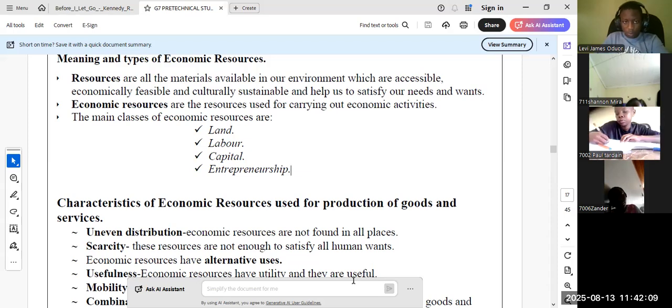You can have capital in Kakamega and not have capital in Kisumu. We can have entrepreneurship in Nakuru, and not have entrepreneurship in Kitale. So in other words, one characteristic of economic resources is that they are unevenly distributed. Economic resources are not found in all the places. Number two, Paul Tadane. Characteristic number two, Paul.